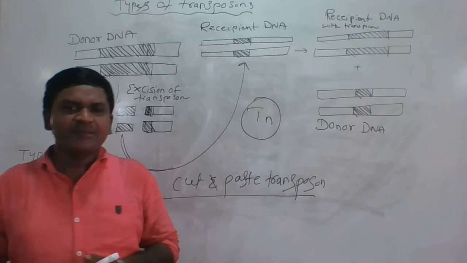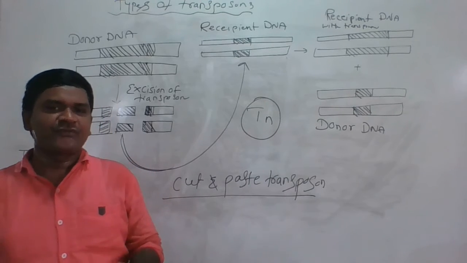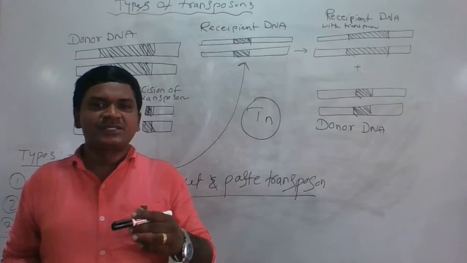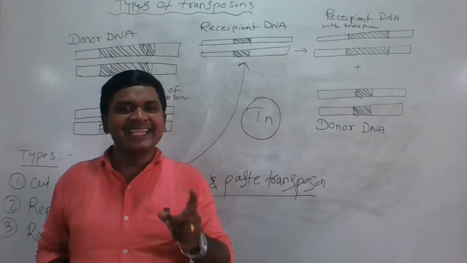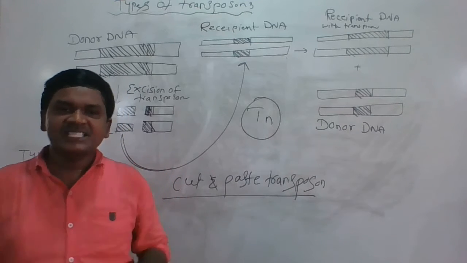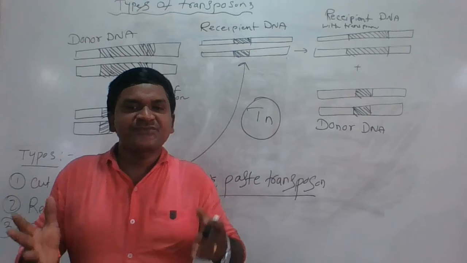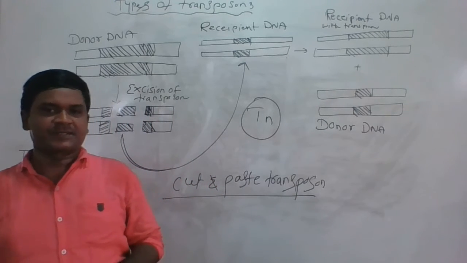These types of transposons are made up of two IS sequences, one present at each end of the DNA sequence, which contains genes whose functions are not related to the transposition process, right?